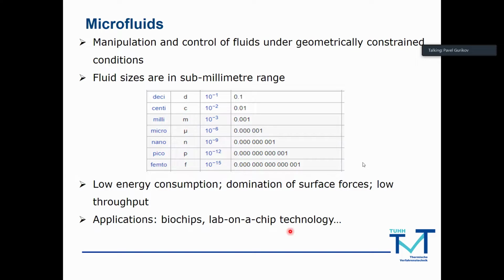As I said, you get very precise control over the energy supply. Of course, you get low energy consumption because you have to operate with very small volumes. A very big disadvantage of microfluidics is, of course, the low throughput. In these two selected applications, biochips and lab on a chip, you are not producing something.